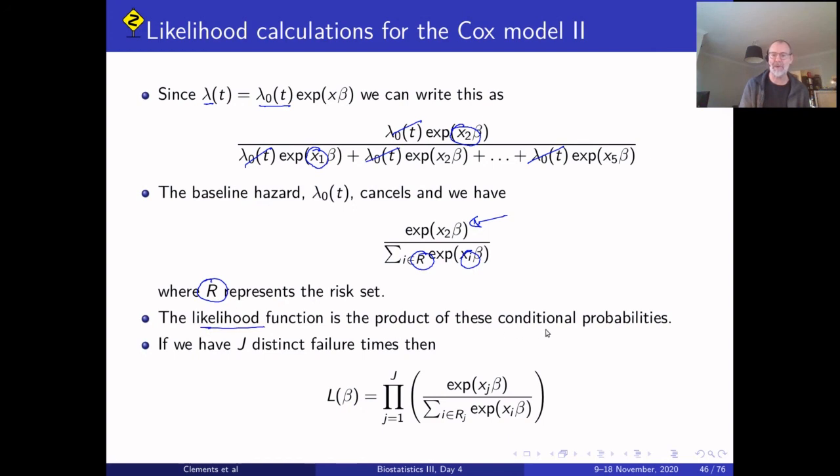The likelihood function is the product of those conditional probabilities for all of the observed event times.